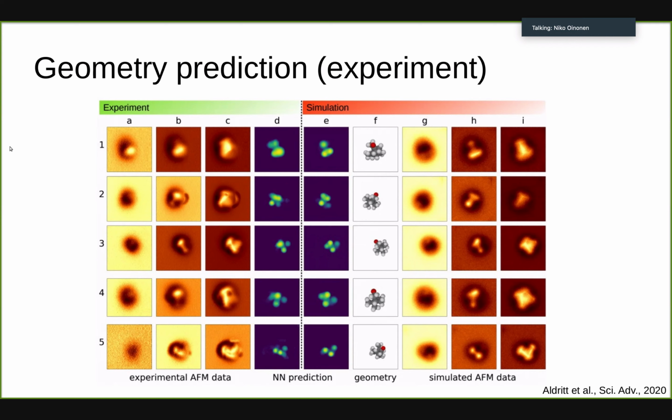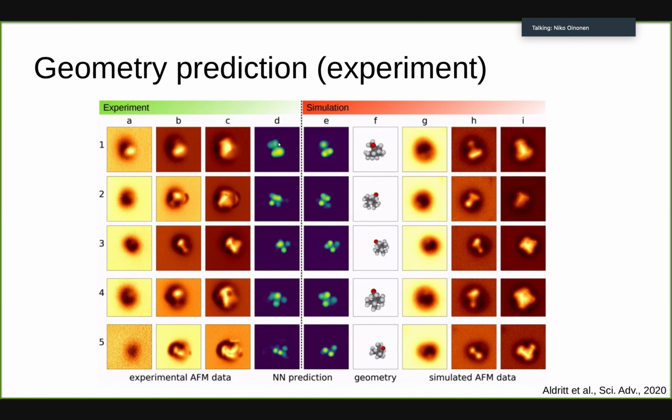In this image, each row corresponds to one experiment, and on the left side we have the experimental AFM images. Then we take these images and put them into the machine learning model, and we get the output descriptor. In this case, we show the van der Waals spheres descriptor.